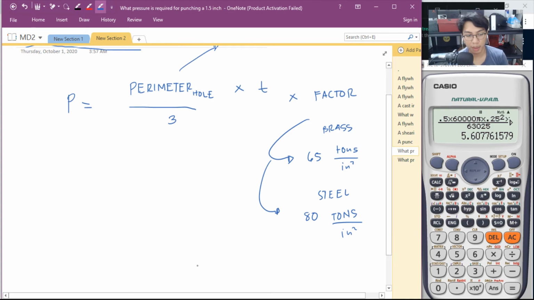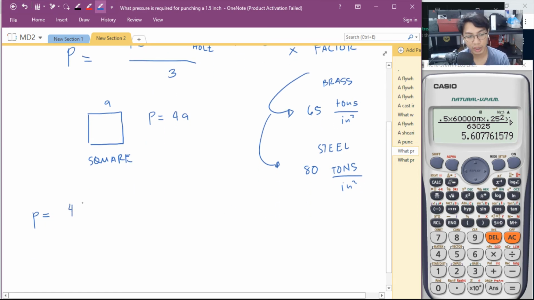Empirical na yan. So, the power of punching now is yung perimeter ng hole. O, ano ba ang perimeter ng square? Pangit ang drawing. Yan. So, the perimeter ng square, A. Ang perimeter niya is 4A. O, pag square, ha? Baka hindi nyo pa alam yan.